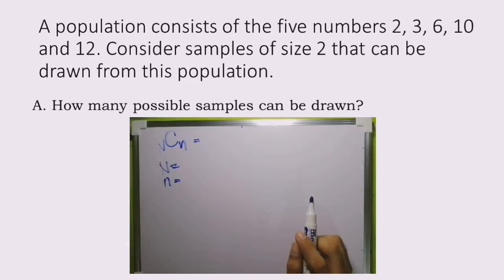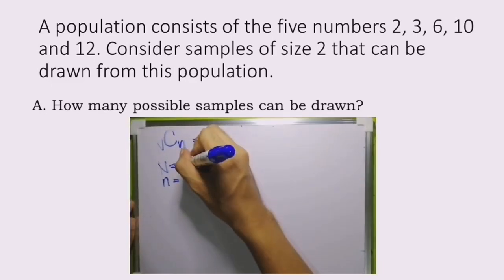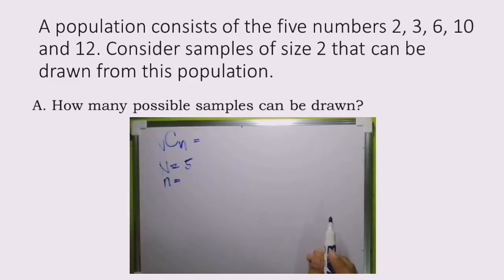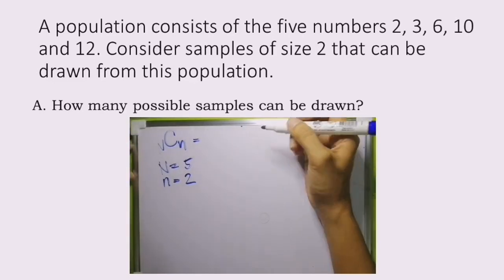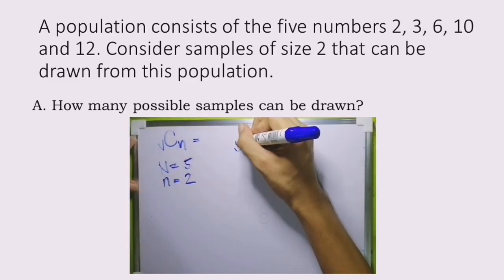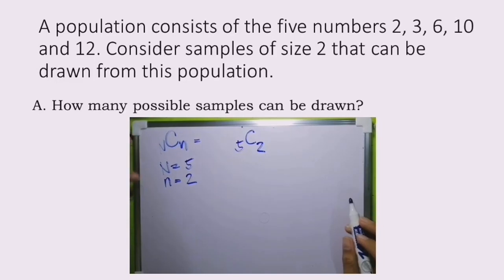So based sa problem, giingon diha nga a population consists of 5 numbers. Then samples of size is 2. So atong i-follow ni nga formula, that's 5 taken 2.